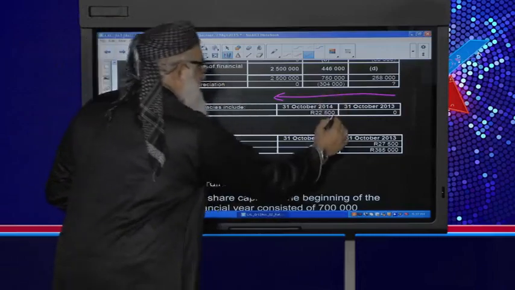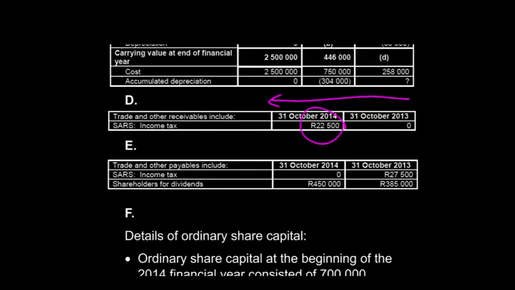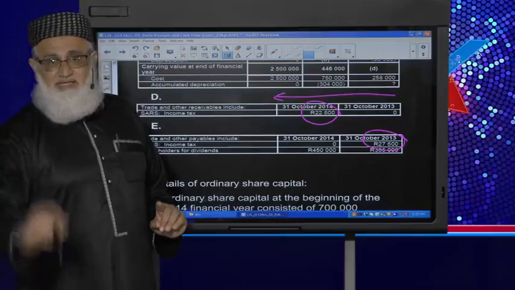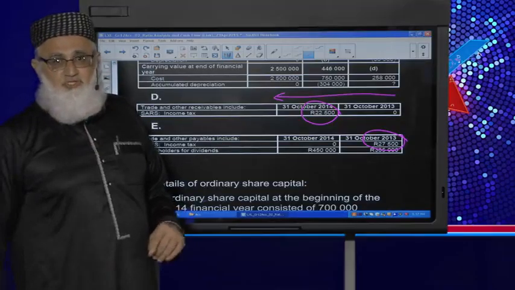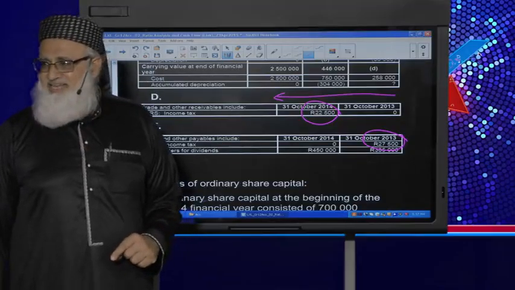There you can see it. There's your 22,500 at the end of the year. And if you look at your SARS income tax at the beginning of the year, it appears under my trade and other payables. There you can see it as a liability. So therefore, what type of an account is SARS income tax, grade 12s? It depends. Don't stray or go away. Back in a jiffy. It depends.